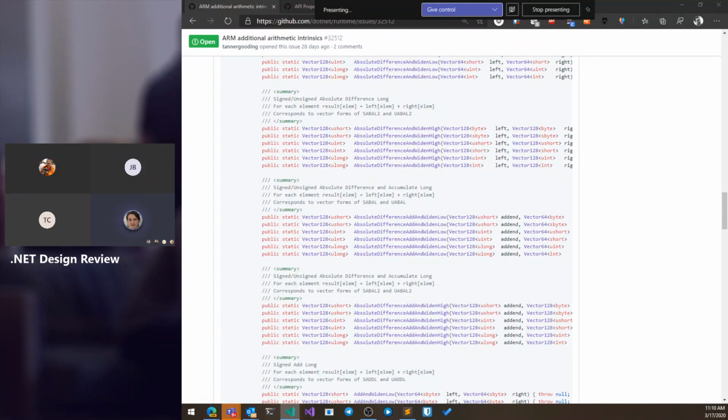I need to fix all the add, widening. Yes, absolute difference widening lower, absolute difference widening upper, absolute difference widening lower and add. And then presumably they also take vector 128 for left and right. Yes.